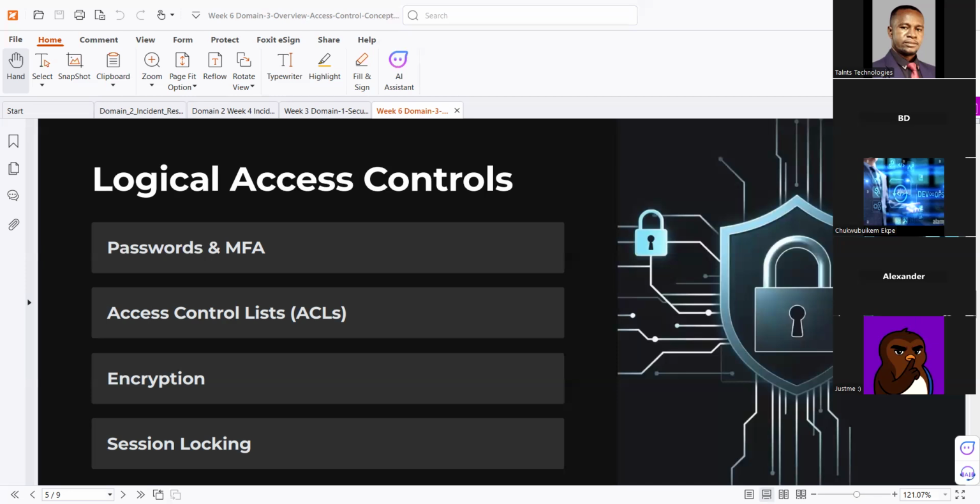For instance, they will ask you in a question: a user is trying to access a file in a MongoDB database, and he does not have the permission or was denied access to it. So the user is... they will write permission, they will write object, they will write subject. Which one will be the answer?